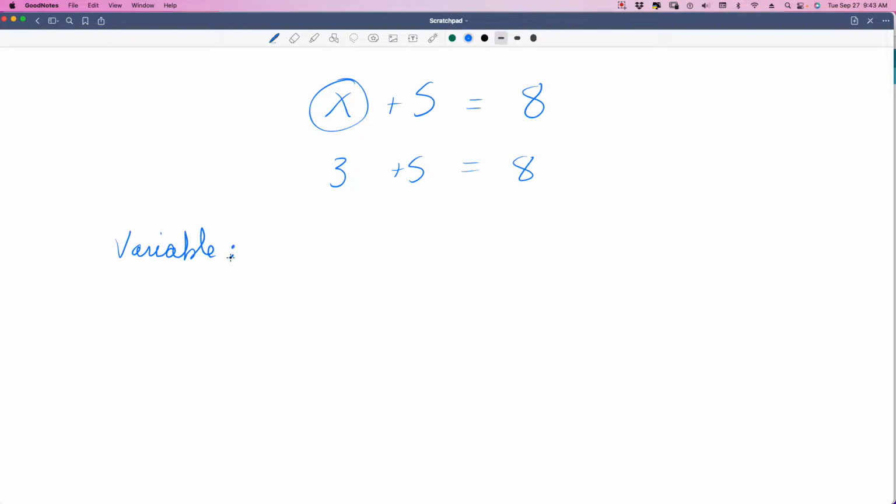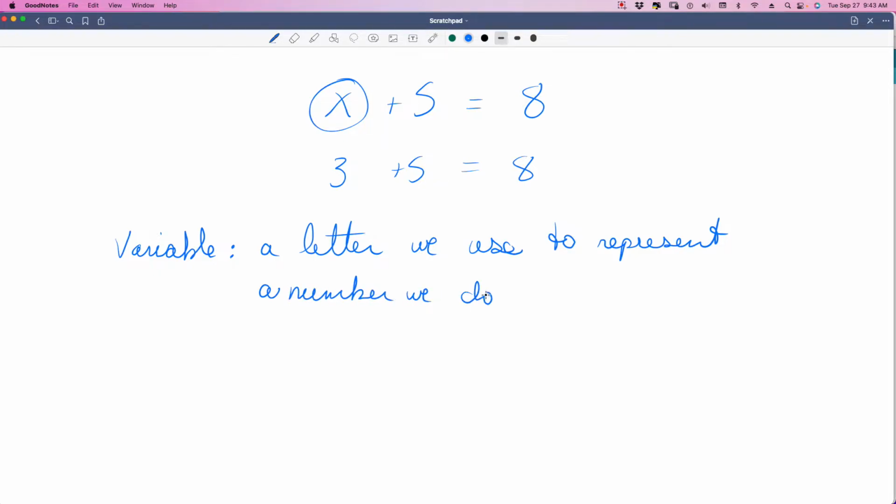A variable is a letter we use to represent a number we don't know. Okay?